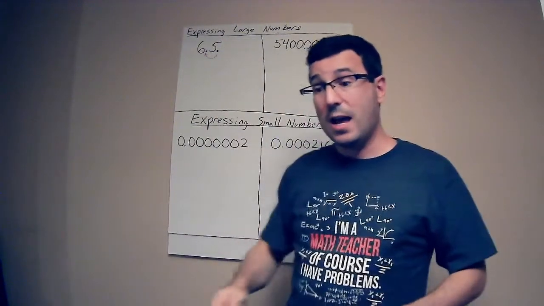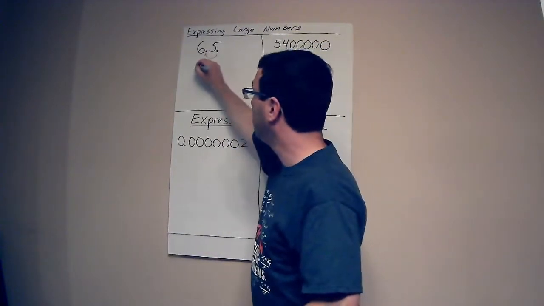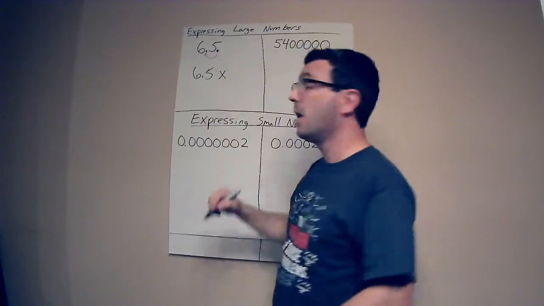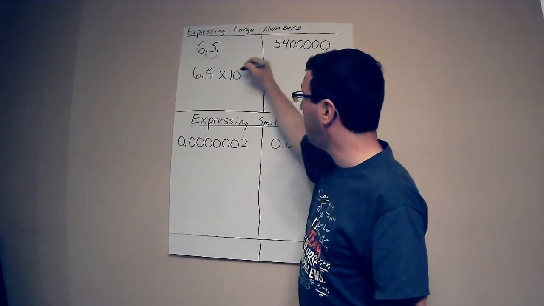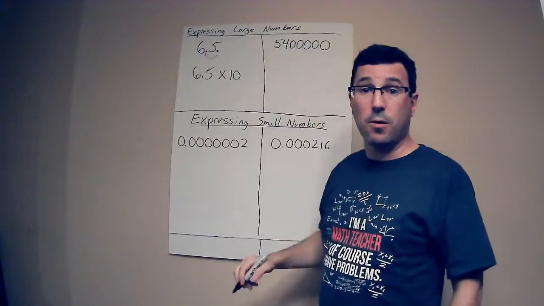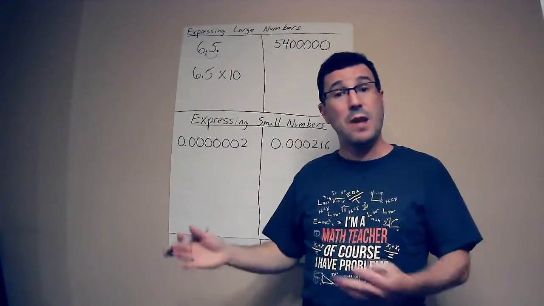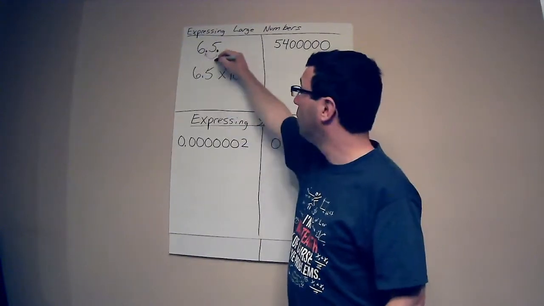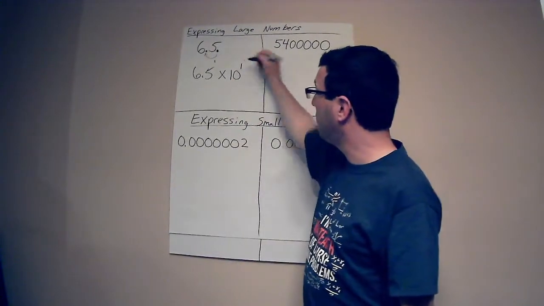So now I have my number between 1 and 10. 6.5. I'm going to multiply that by a power of 10. So I'm just going to automatically write 10 there. Now I just have to put the power. What I'm going to do to figure out the power is I'm just going to count how many times I move that decimal. I moved it to the left one place. So that's my exponent, a 1.